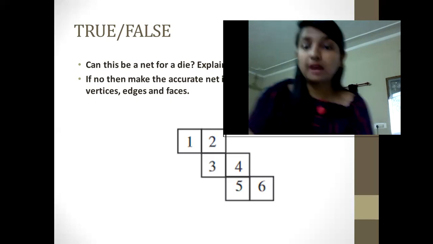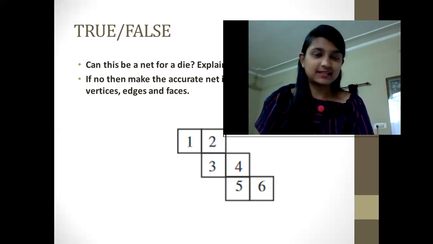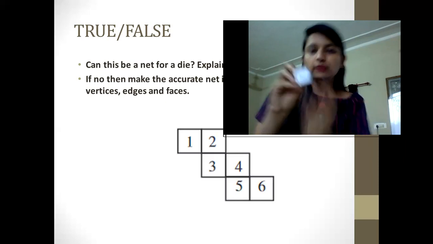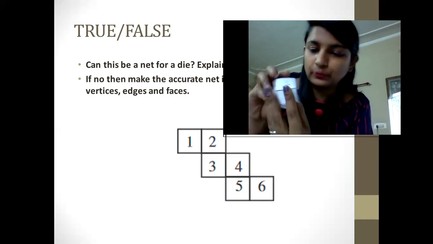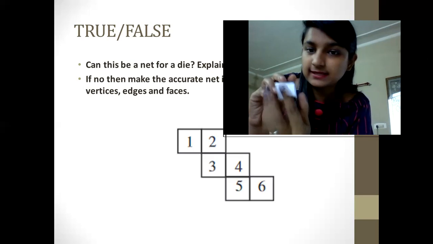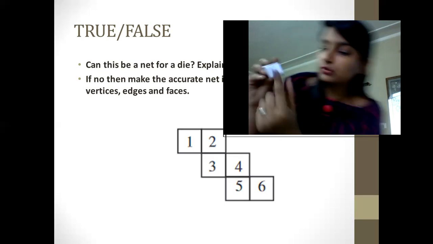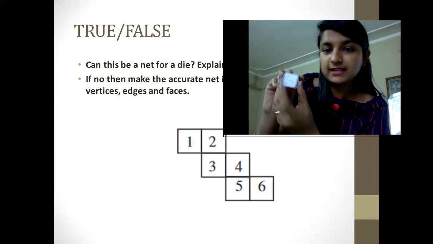After that, they have asked for the faces. What were the faces? I have explained in the previous class, like what you are watching from the front. If I'm watching this, what are you observing? You're observing 3. That is a face for you, because you can see the 3 at your face. So 3 is a face. If I'm watching from here, what I'm observing is 1. 1 is again a face for me.